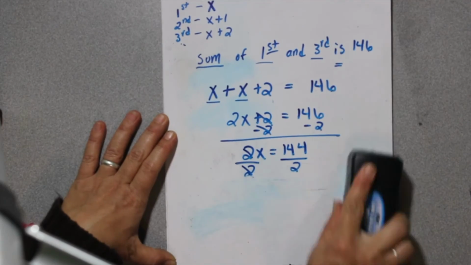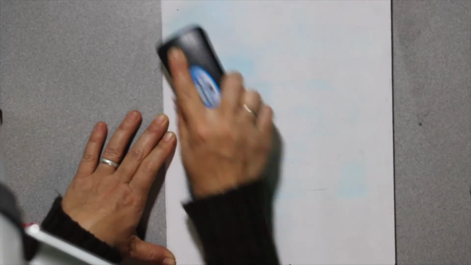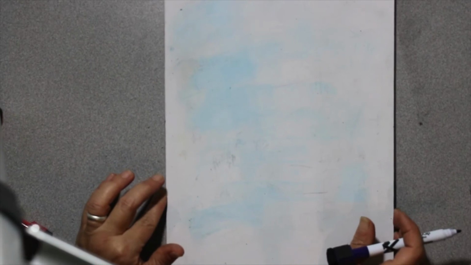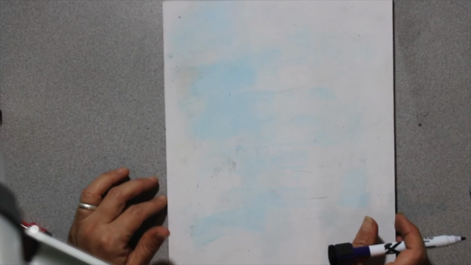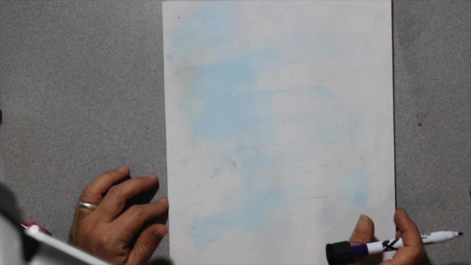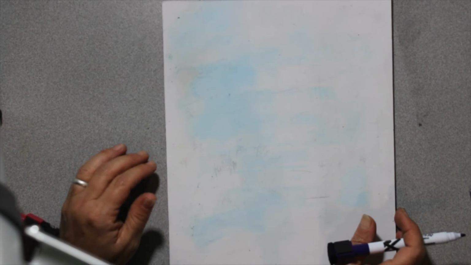All right, let's try another one. I'm going to use a different color. I like these colors. All right. Find 3 consecutive integers such that twice the sum of the first 2 is 2 less than 3 times the third.